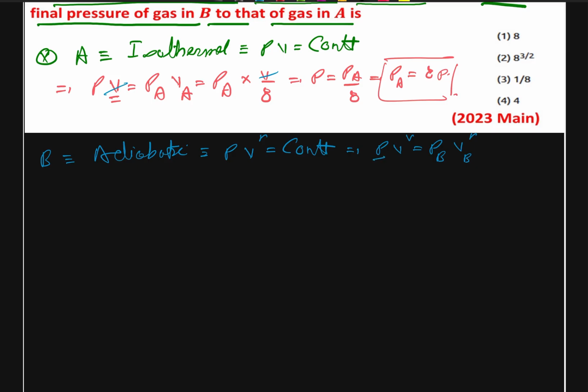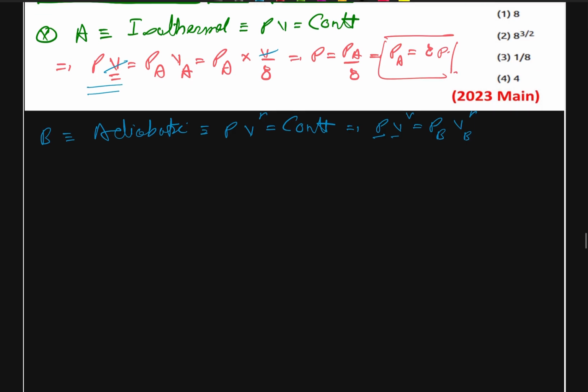So for initial conditions, the left side in both cases is going to remain same, and so we can write this as PV raised to power gamma is equal to PB, and the final is 1/8 of its initial volume, raised to gamma.